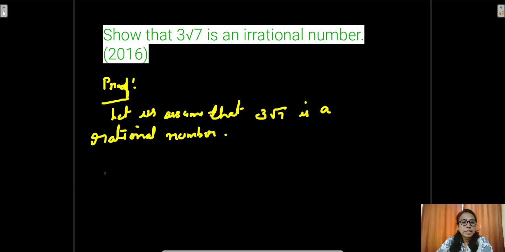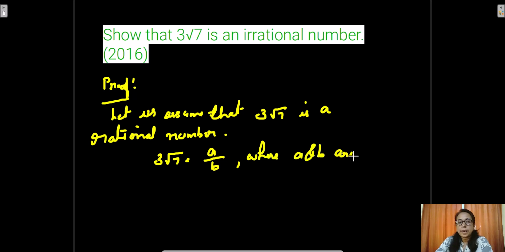Now if it is a rational number, we can write this 3 root 7 as a by b, where a and b are co-prime numbers.